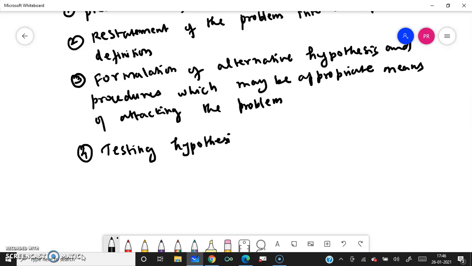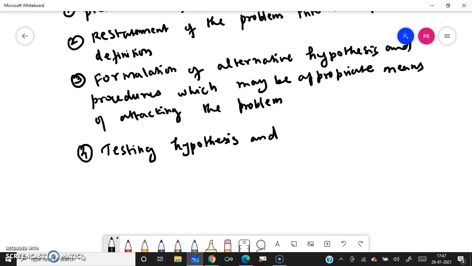Because in the 3rd step we have made the hypothesis. A hypothesis is nothing but a guess, a learned guess, we can say. Whether it is correct or wrong is tested in the 4th stage.